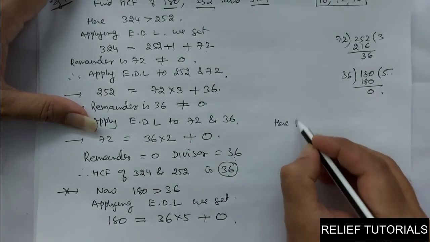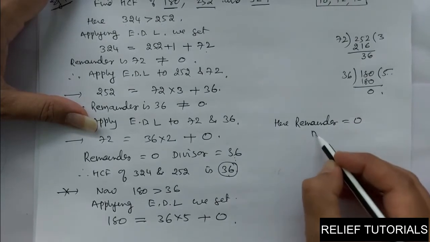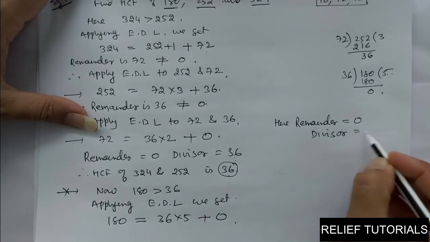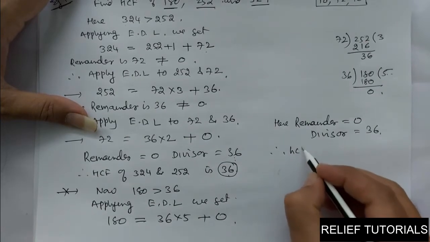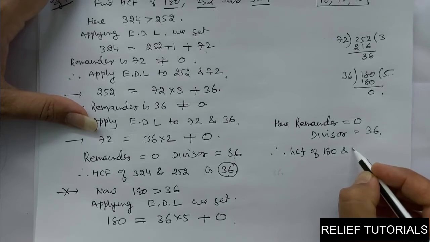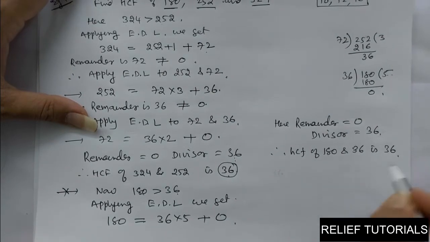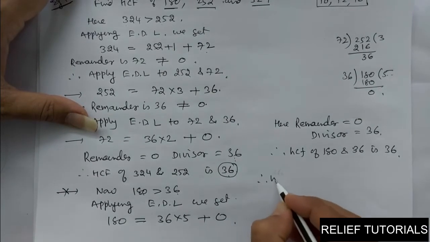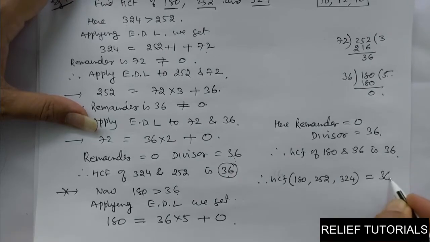So here the remainder is equal to 0 and the divisor is equal to 36. So therefore you can say HCF of 180 and 36 is 36. Clear? So at last we can say HCF of 180, 252, 324 is equal to 36.